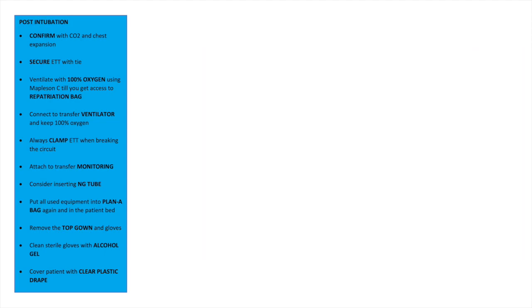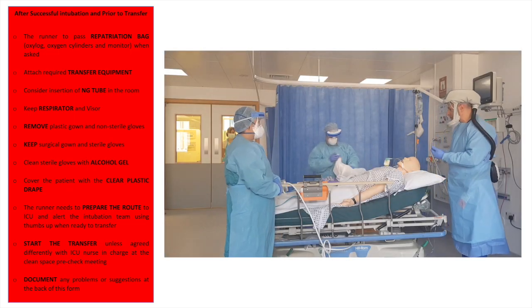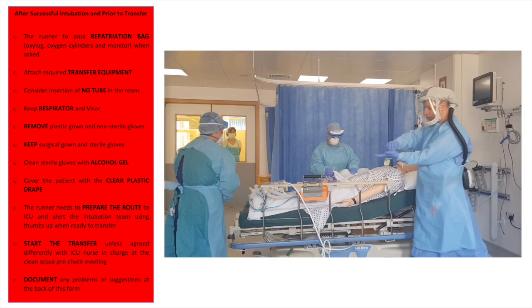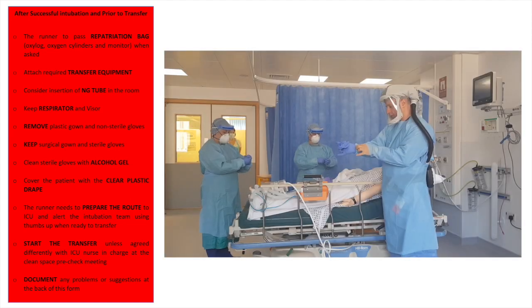Having completed the intubation lock-sip, return to the final part of the checklist to prepare for transfer. There is some overlap of items here. Remove your top gown and non-sterile gloves and clean the still worn sterile gloves with alcohol gel.